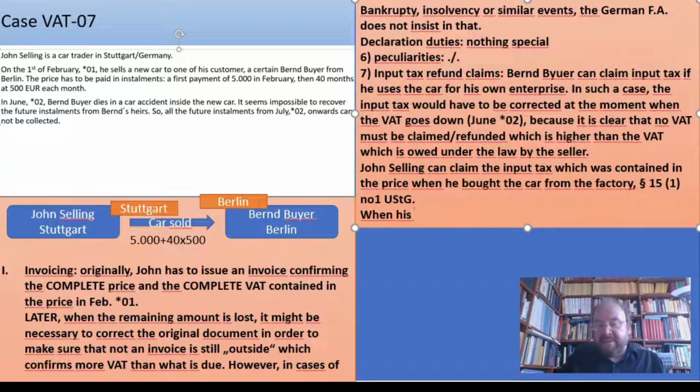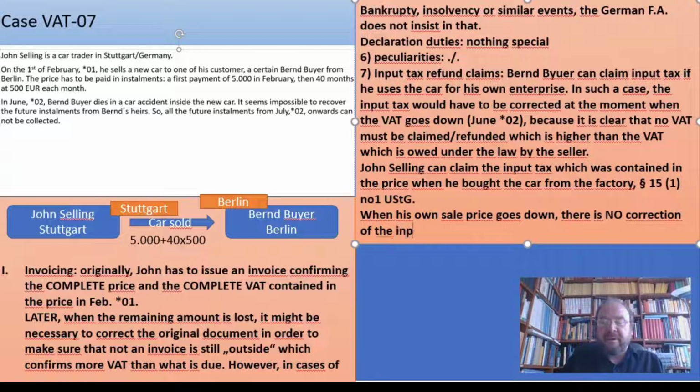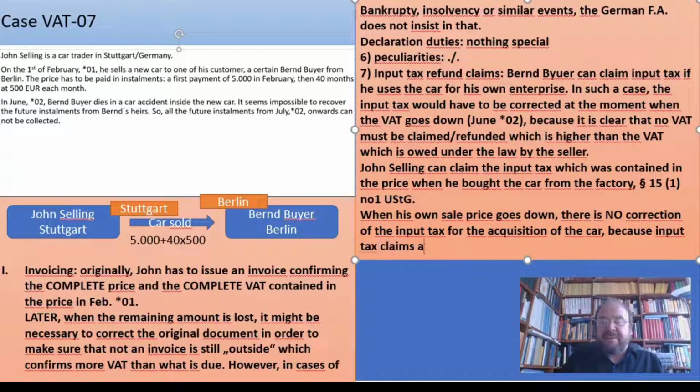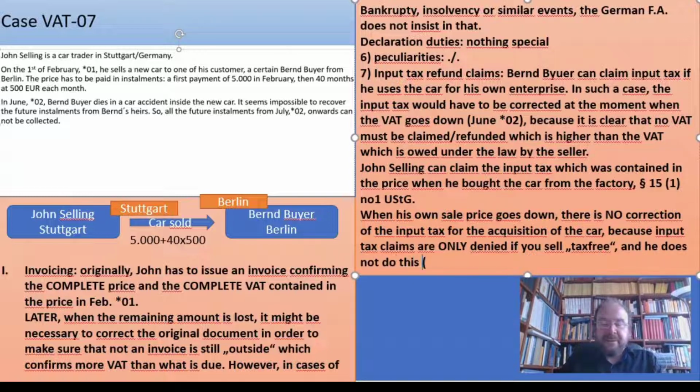When his own sale price goes down, there is no correction of the input tax for the acquisition of the car, because input tax claims are only denied if you sell tax-free, and he does not do this.